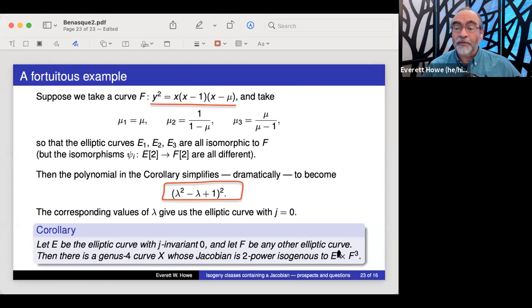So in particular, if the curve E has some property that you like, maybe it has many points, or maybe it's supersingular, then you can choose another curve that also has some property you like, and you have a genus 4 curve whose Jacobian splits up into those curves.